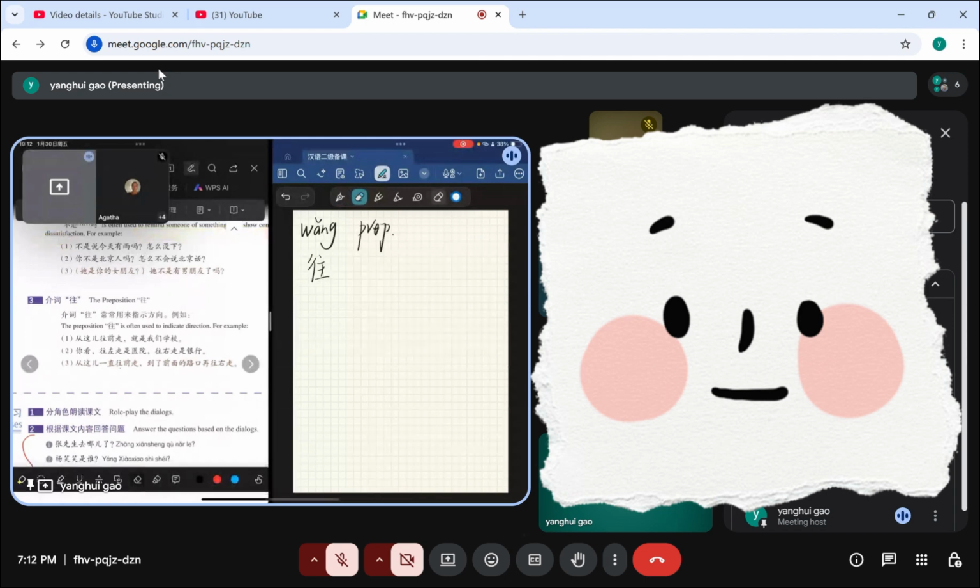Okay, so the preposition 往 is often used to indicate the direction.